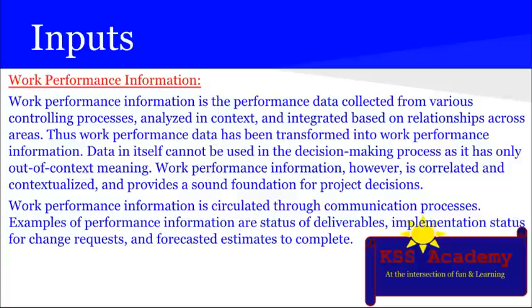Work performance information, however, is correlated and contextualized and provides a sound foundation for project decisions. Work performance information is circulated through communication processes. Examples of performance information are status of deliverables, implementation status for change requests, and forecasted estimates to complete.